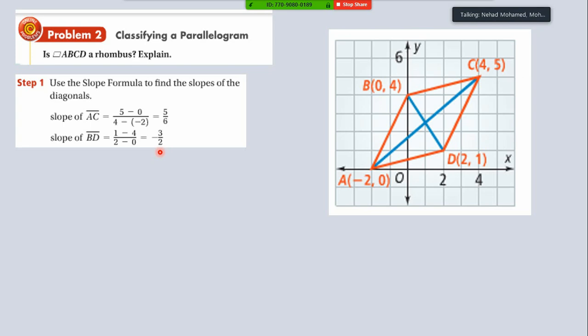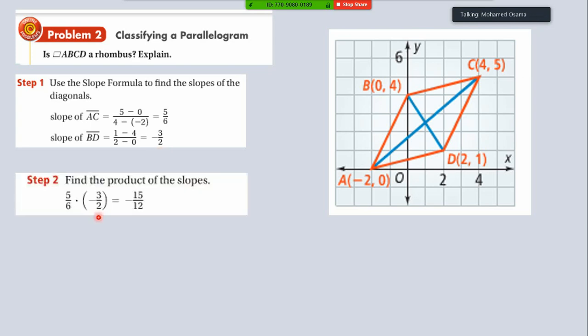Excellent, Khalid. When we multiply the two slopes, the answer should be negative 1. Here, the product is 15 over 12, not negative 1.